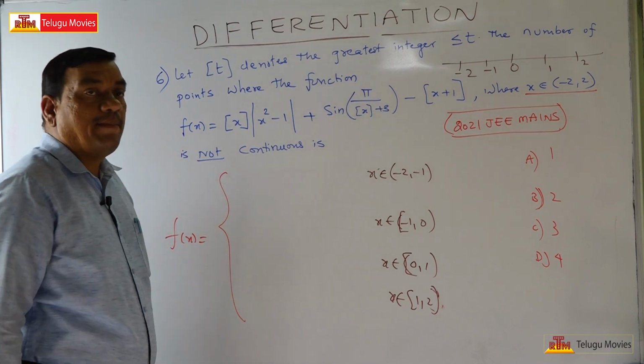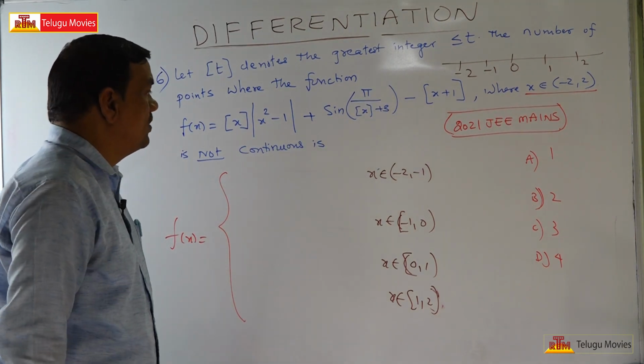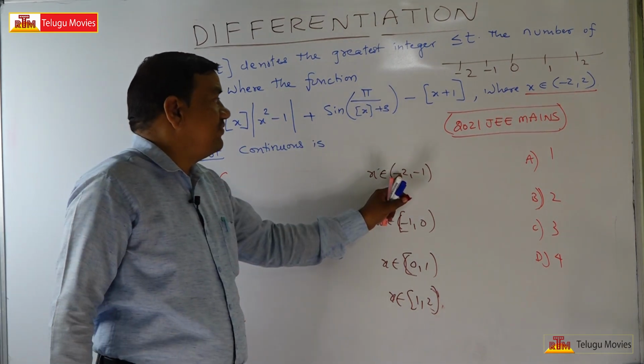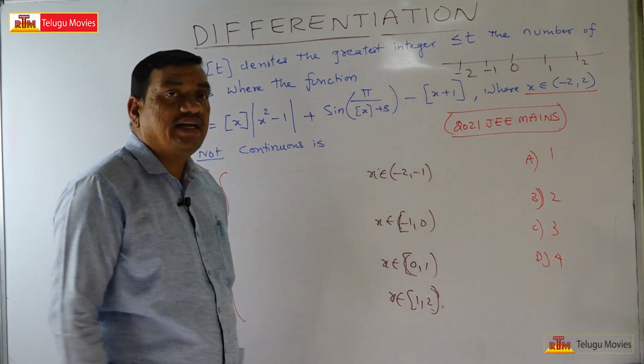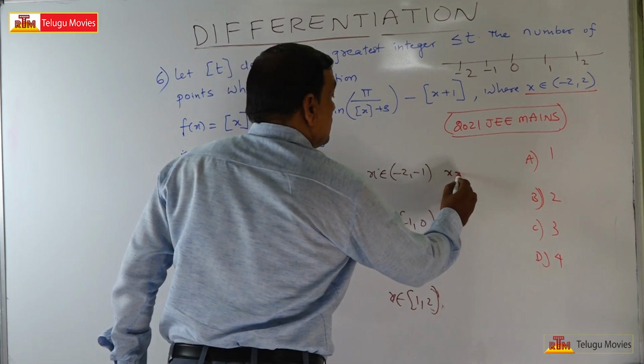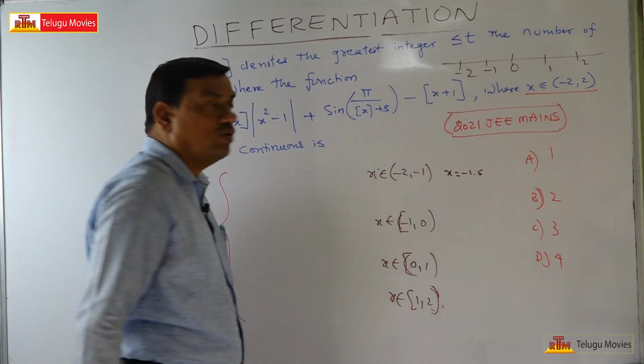Step of x value will be how much? First, if x belongs to -2 to -1, let us take x equal to -1.5.